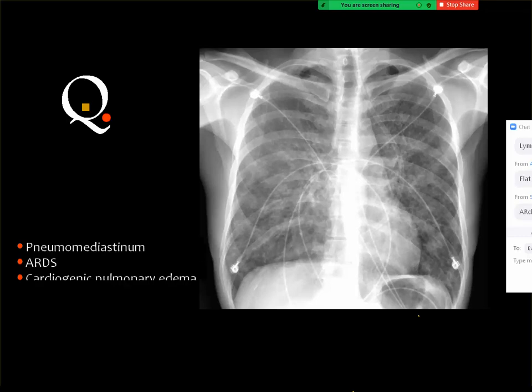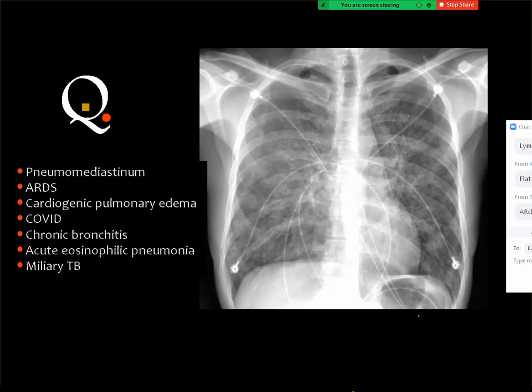Let us say I provide this differential diagnosis: pneumomediastinum, acute respiratory distress syndrome, cardiogenic pulmonary edema, COVID, chronic bronchitis, acute eosinophilic pneumonia, and miliary TB, ARDS.